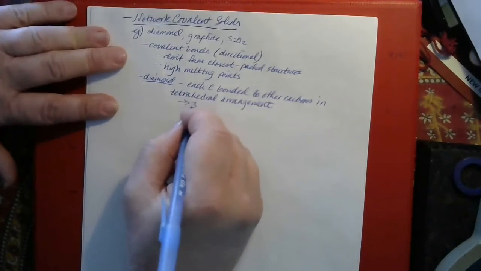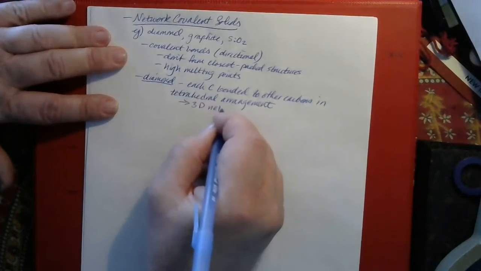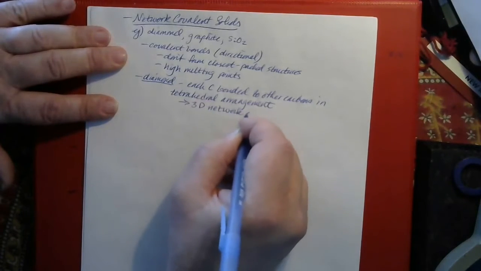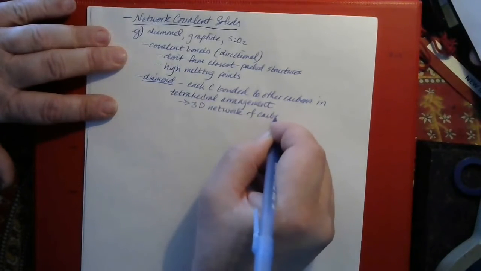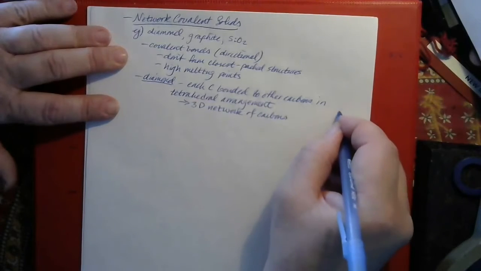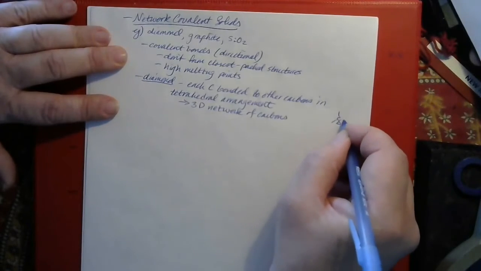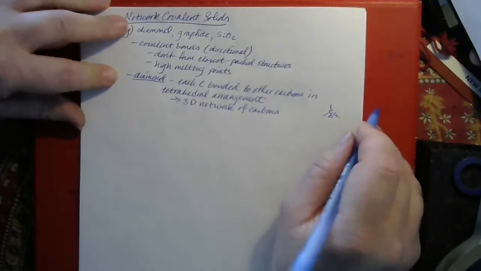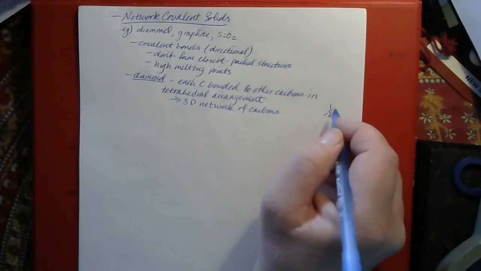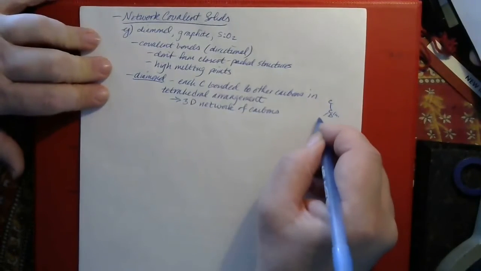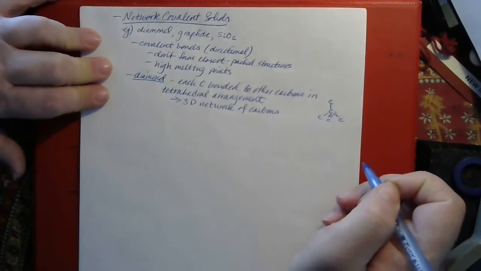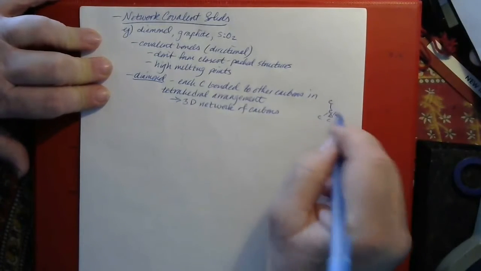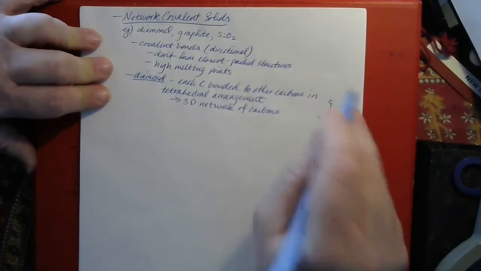And what that leads to is a three-dimensional network of carbons. So you've got a carbon in the center, and this is our sort of crude way of drawing a tetrahedron on a piece of paper. And there are carbons at each of these positions too, and each of those is bonded tetrahedrally to other carbons as well.